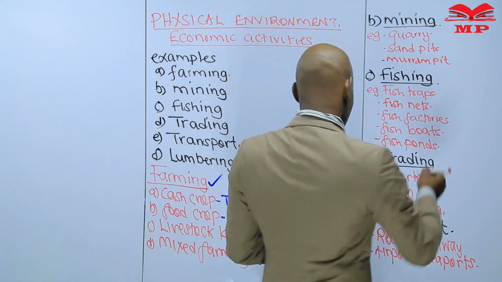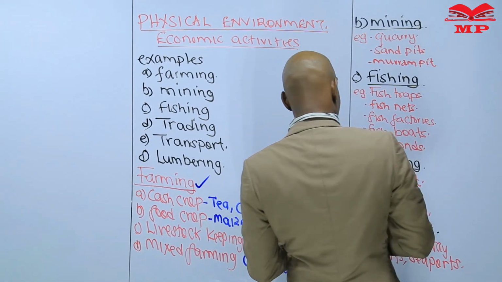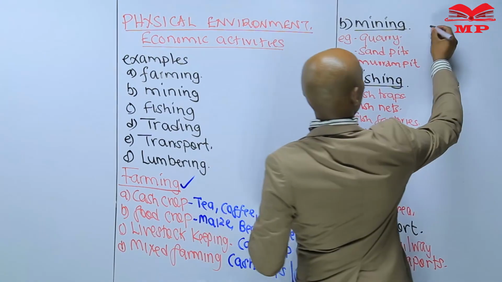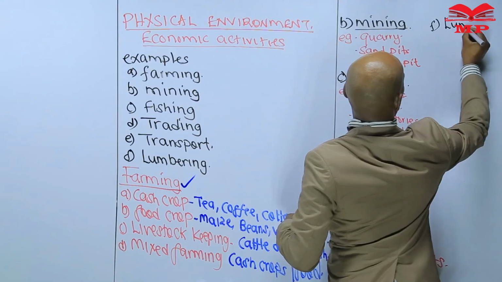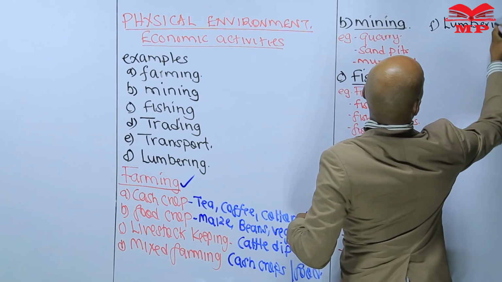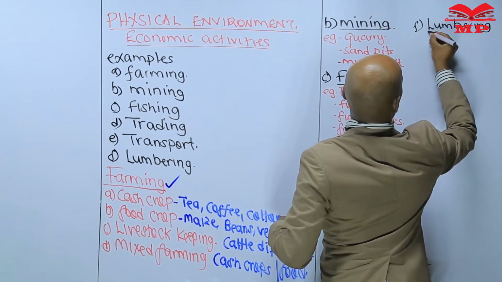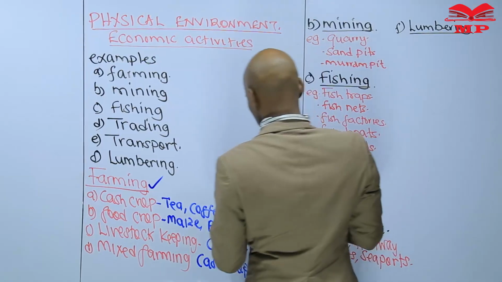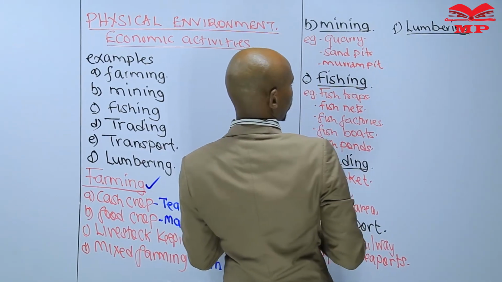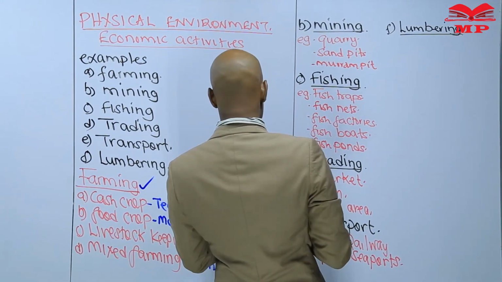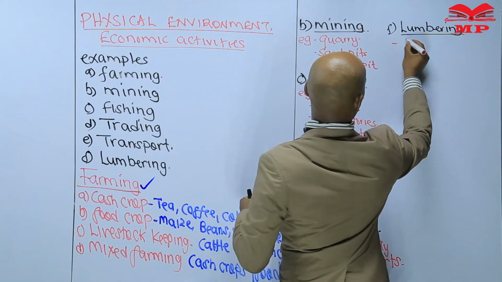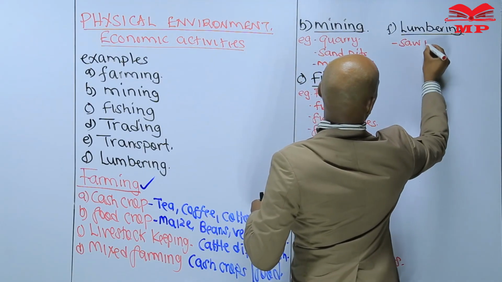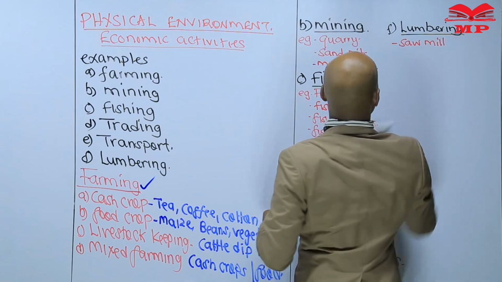Then finally, according to our list here, we have what we call lumbering. And this one is a very simple one. Whatever will show that there is lumbering in the map is a sawmill.